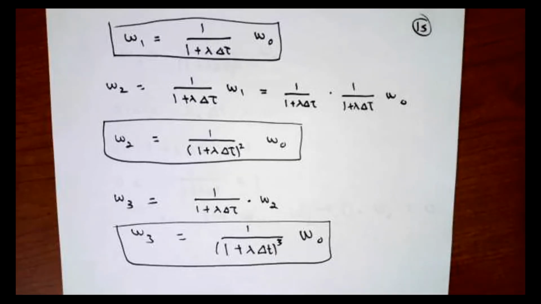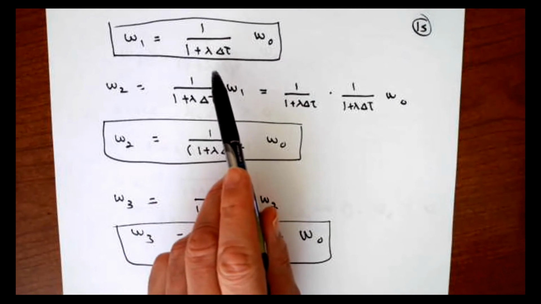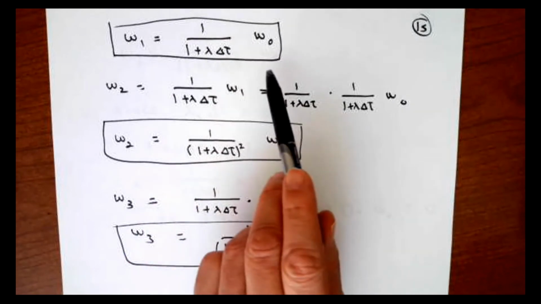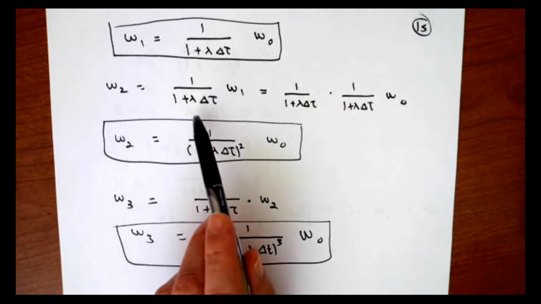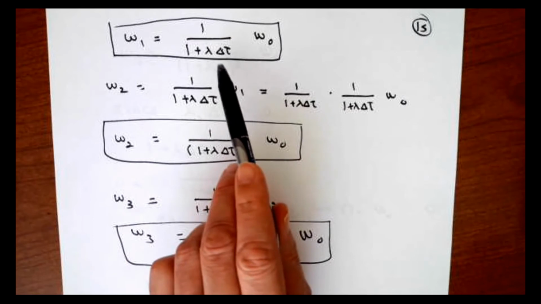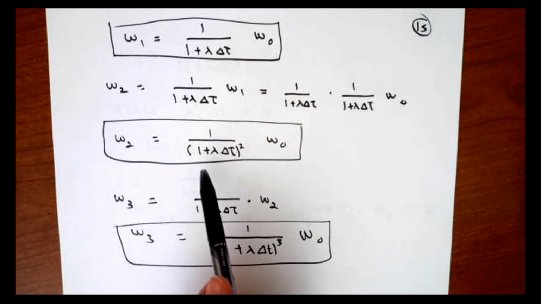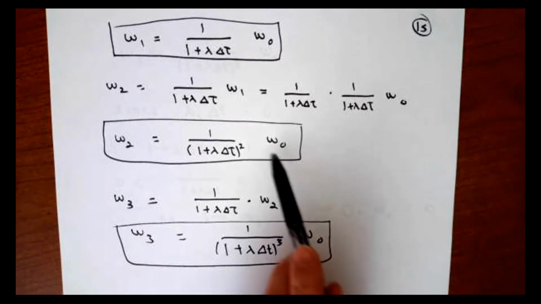Not to insult your intelligence, but carrying out the same sort of calculations that we did before, W1 is 1 over 1 plus lambda delta t W0. W2 is 1 over 1 plus lambda delta t times W1, which we just figured out. So you end up with 1 over the square of 1 plus lambda delta t times W0.